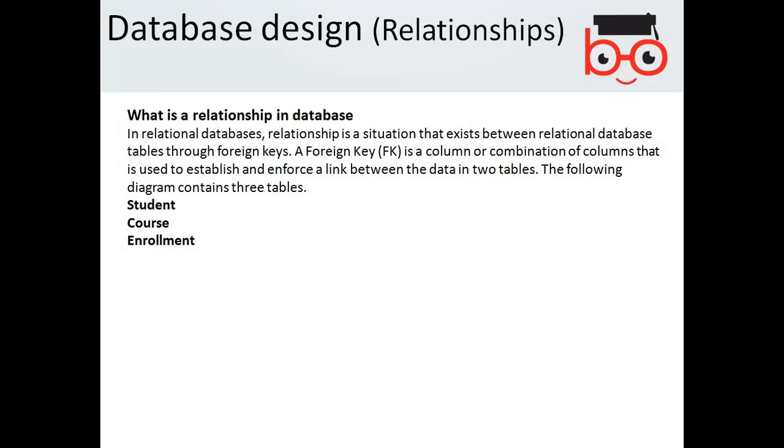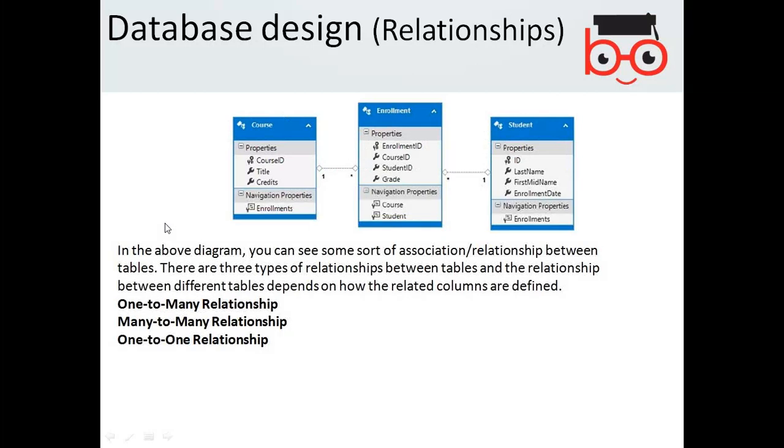Like in the following diagram, student, course, enrollment. There is a course table, an enrollment table, and a student table. They are connected with each other using certain connections and associations, which are normally the foreign key and the primary key. We will explain the primary key and foreign key in the next slides, and see how the tables of a particular domain are connected.